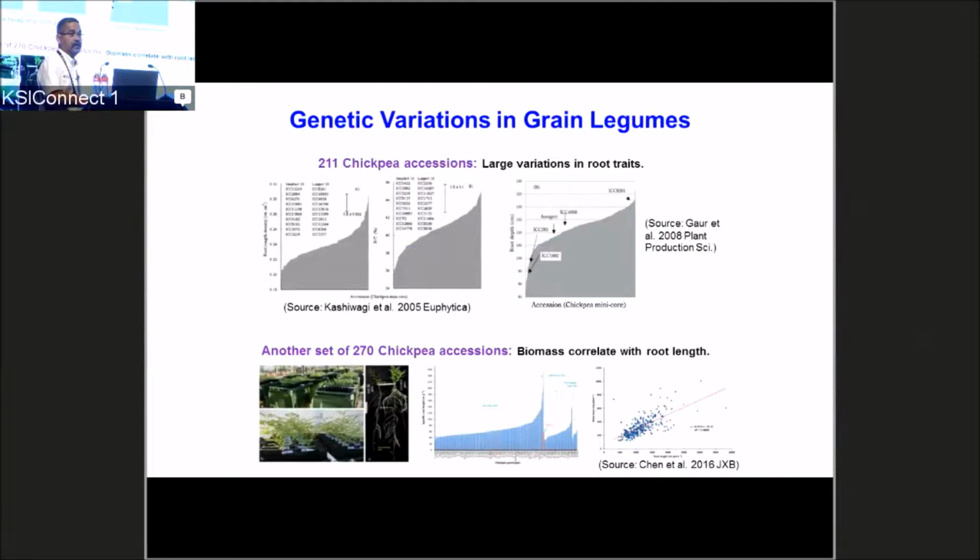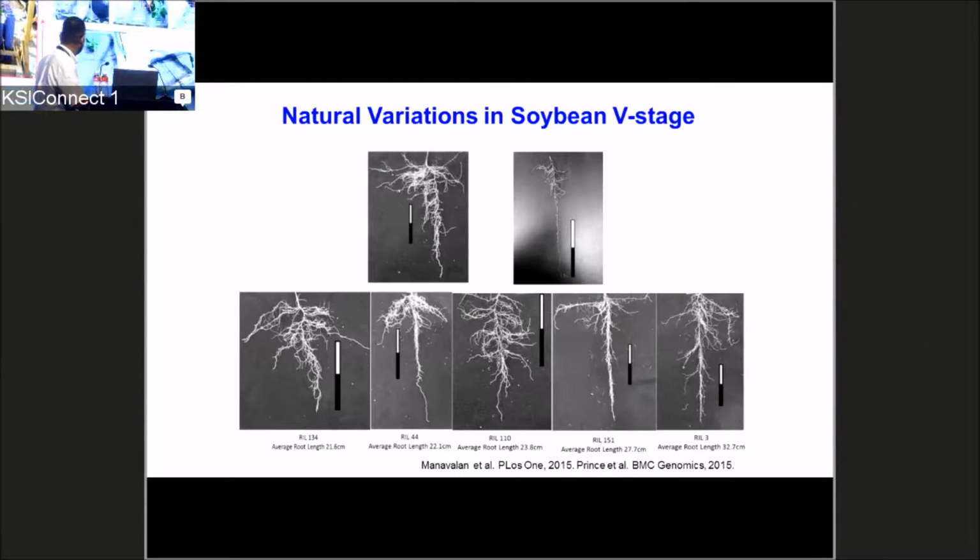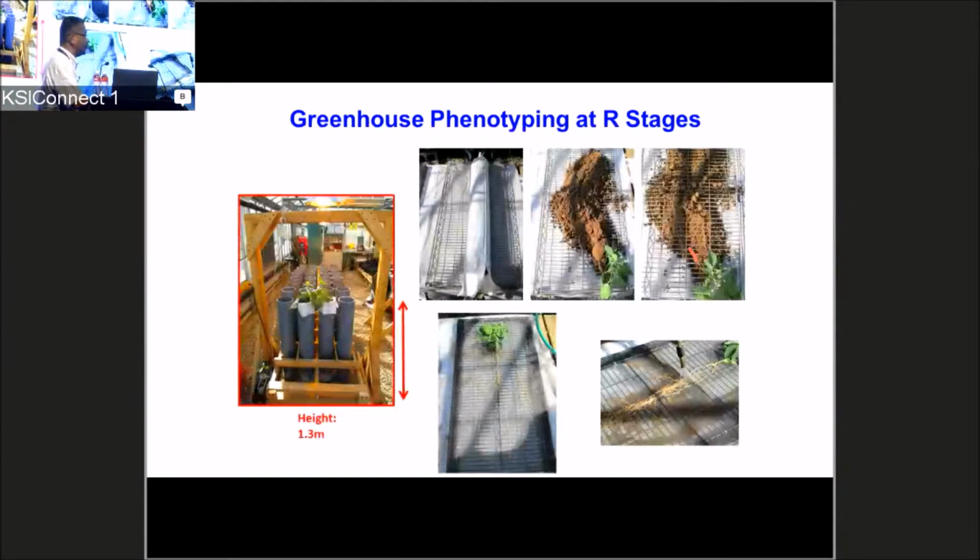Back to the biology: in legumes, it is reported that there are natural genetic variations in root traits. That's true. In soybean also we have a huge genetic variation in root traits. So we developed both greenhouse and field-based systems to look at different root architectural traits.